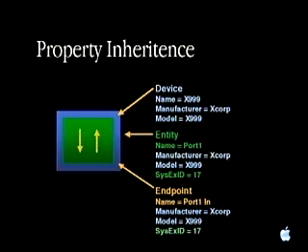But you can see that the manufacturer and model name are defined by the device, and neither the entity nor the endpoint override those properties. And so you could ask the endpoint, what is your manufacturer? And it would say, well, I don't know, but I know that my device's manufacturer is X Corp, so I guess that's mine. And similarly, the endpoint is inheriting the SysEx ID of 17 from the entity.